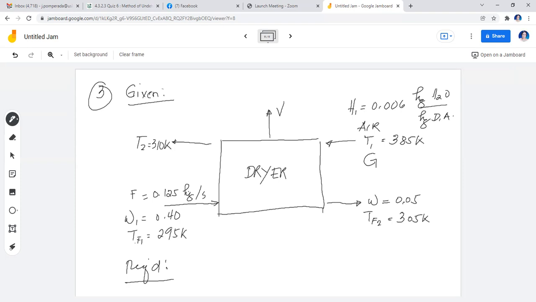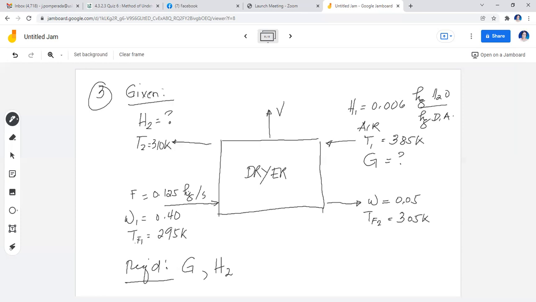And then we are to determine as well its exit humidity. So these two, we have to determine. So in terms of our required information, we need the G and we need to know the H sub 2. So this G is the mass of dry air without the water vapor that goes inside your dryer to dry your wet stuff, your feed. Okay?